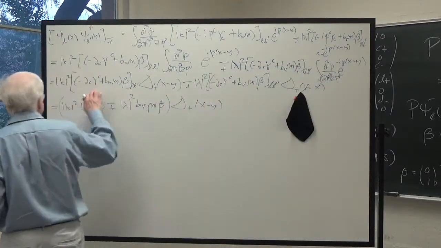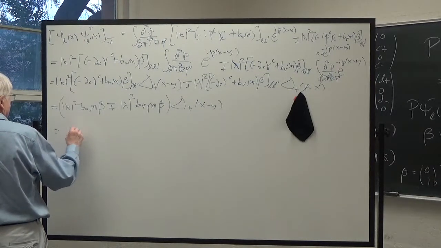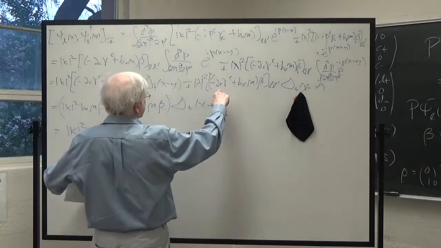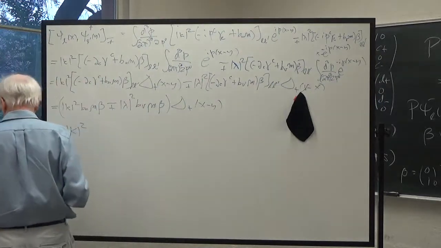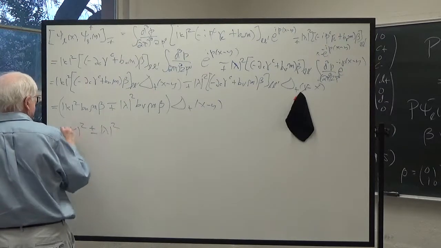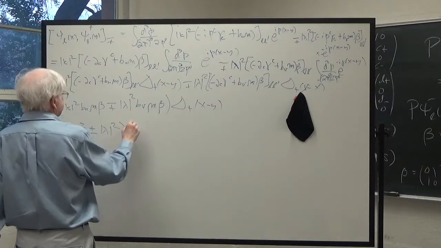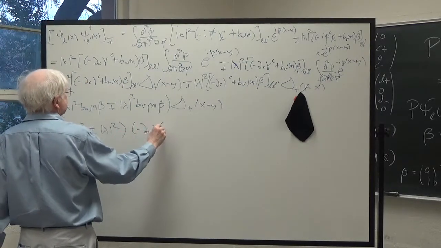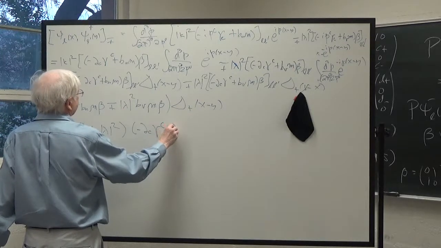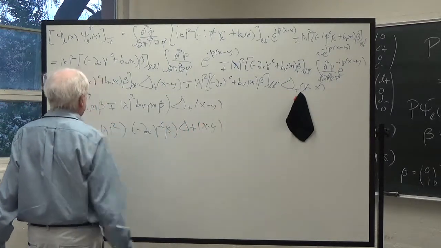Then we have the part that does involve derivatives, and this is going to be kappa squared, and now because we have derivatives, we get an extra minus sign. And so this is plus or minus lambda squared times minus dc gamma c beta delta plus of x minus y.